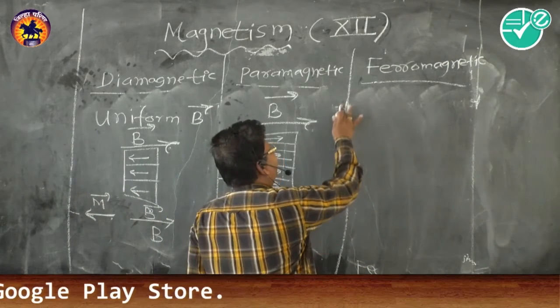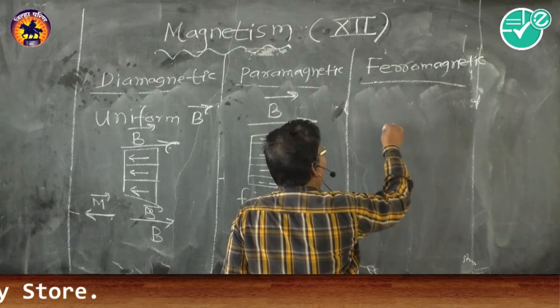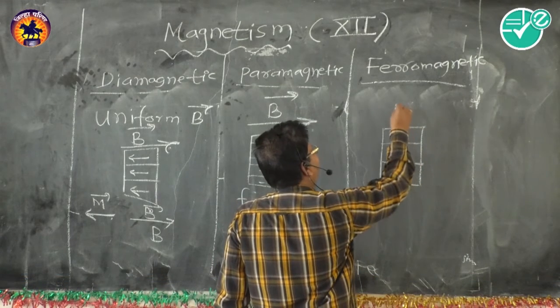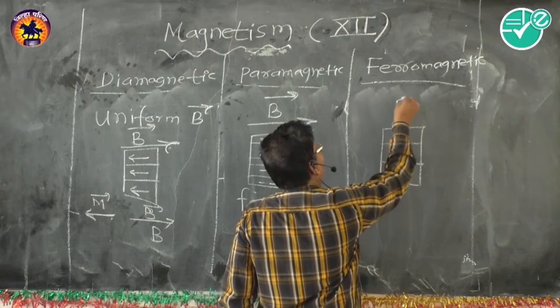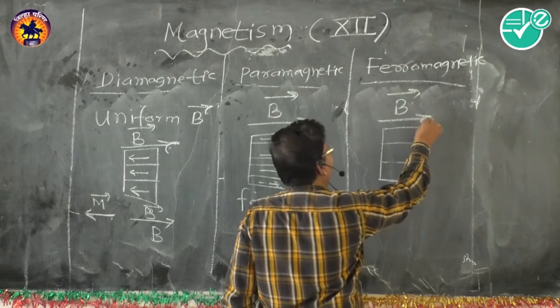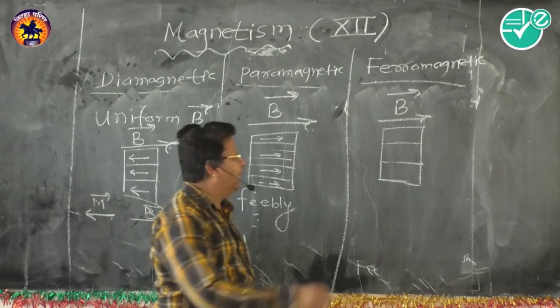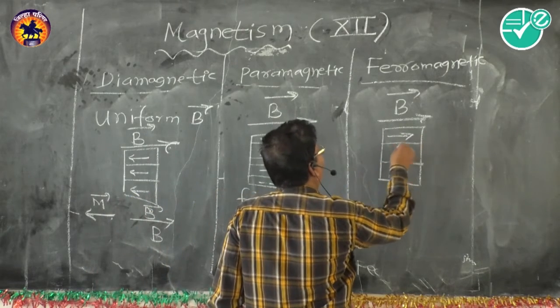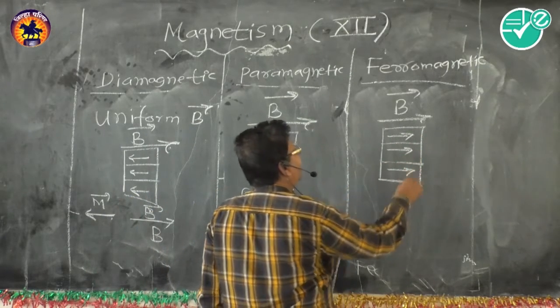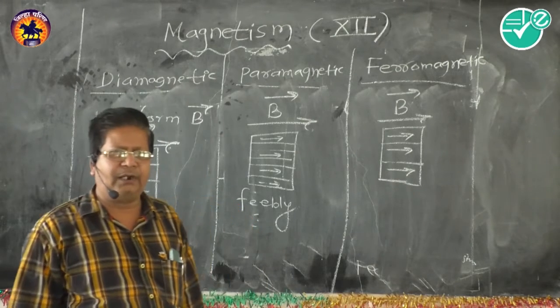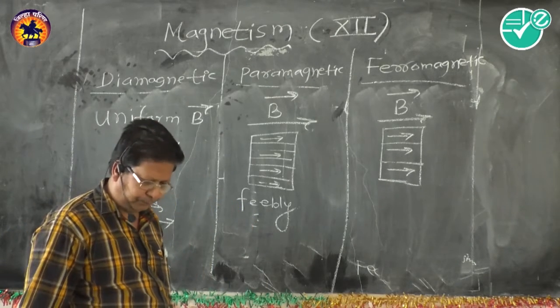Similar is the case if a ferromagnetic material is placed in a uniform external magnetic field: it gets strongly magnetized in the direction of the applied external magnetic field.